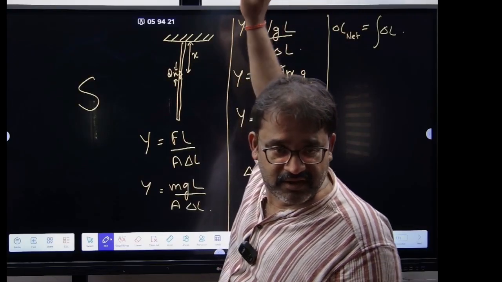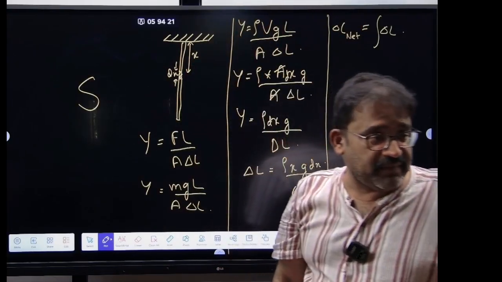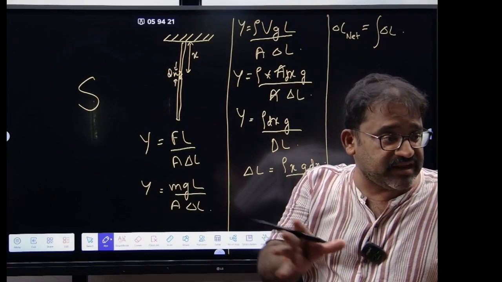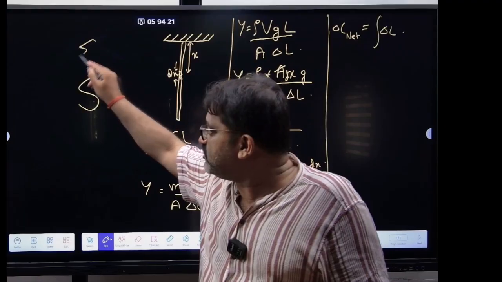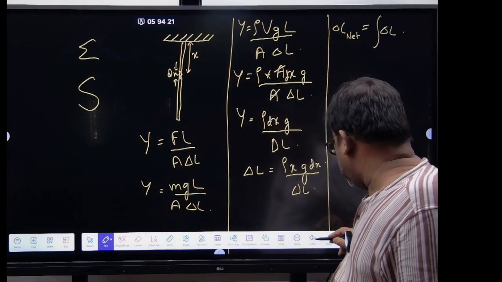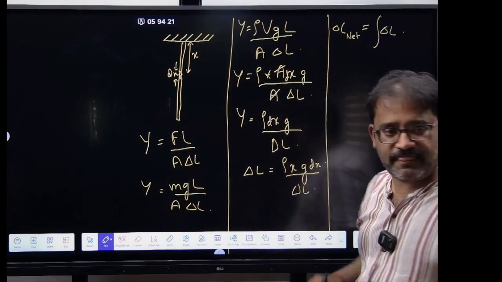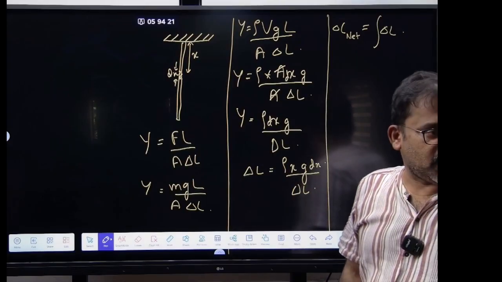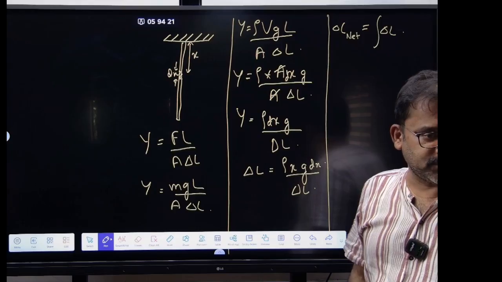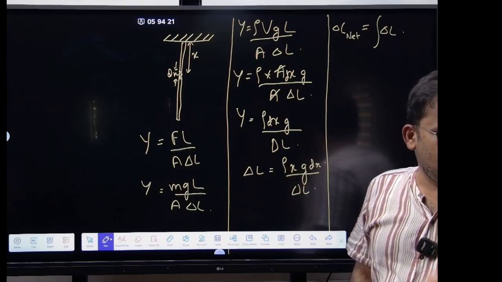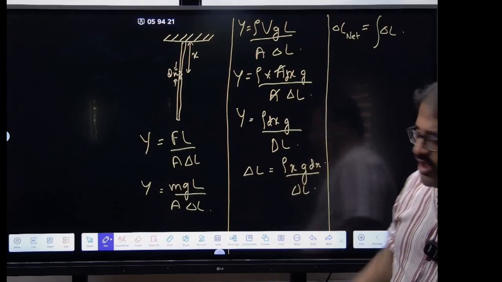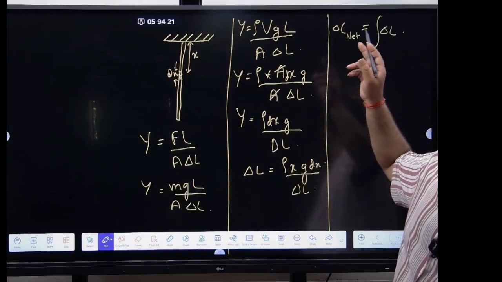Are you getting it? So integration is nothing but summation of all the variables. This is the summation of all the known quantities, all the constants which have their variation in terms of integers 1, 2, 3, 4. But this is not like that. So that is what is called integration.